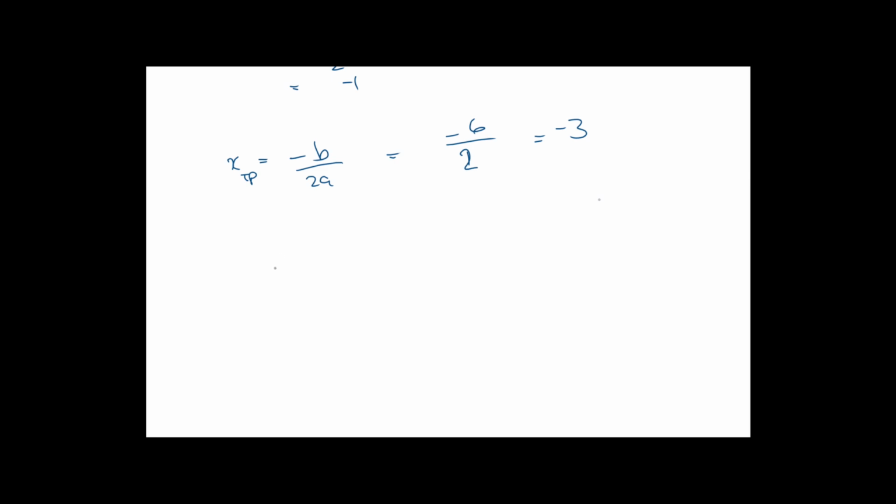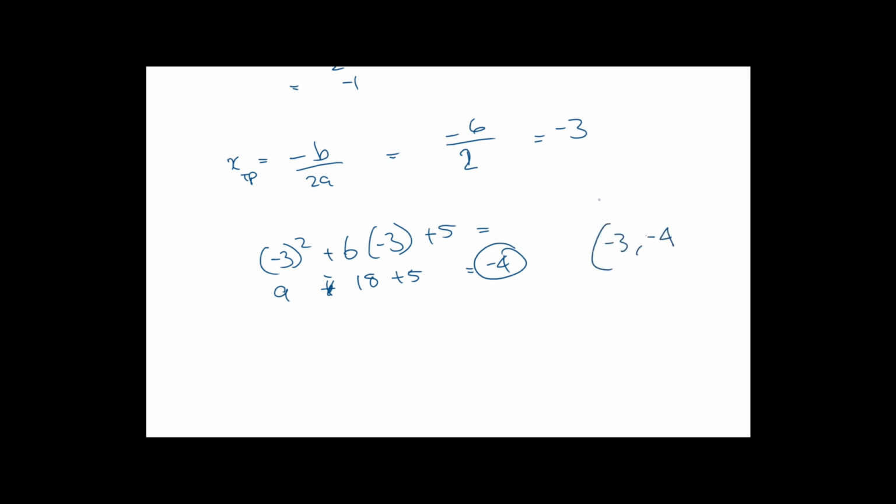Then we can put it into our original equation, which is -3 squared plus 6 times -3 plus 5. So it's going to be 9 plus minus 18 plus 5. That's going to be -9 plus 5, which is -4. So it's going to have a turning point at -3, -4.